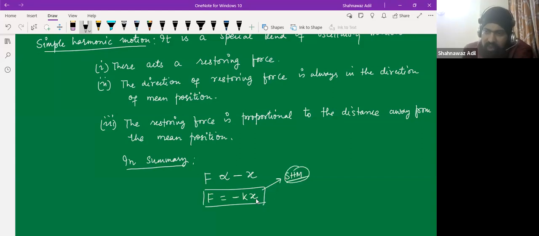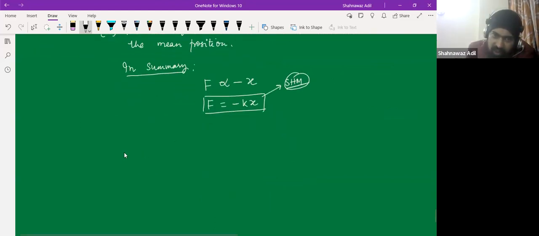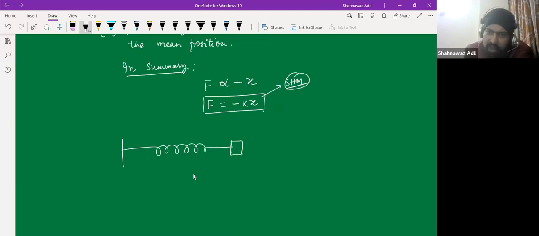And we'll talk about this in detail, but before we talk about this, let's say we have this spring, and this mass is attached to this spring. So this is the mean position of this spring, right? So this is x equals 0. This is the mean position.